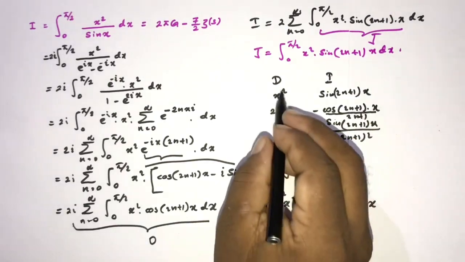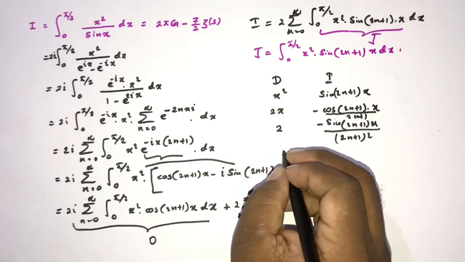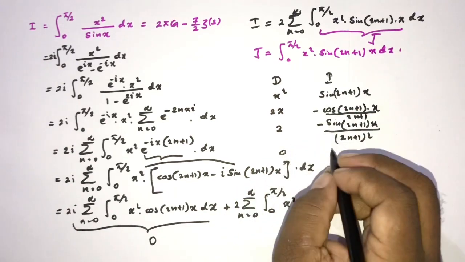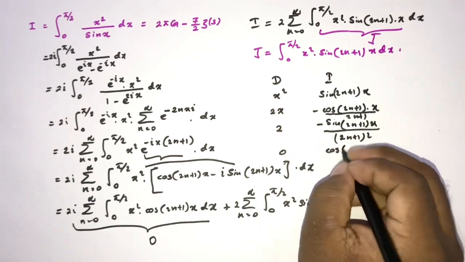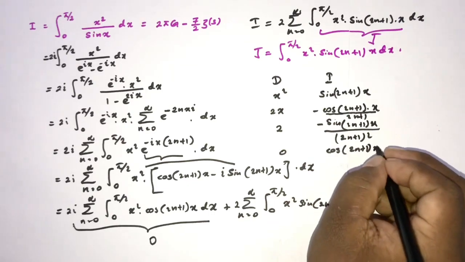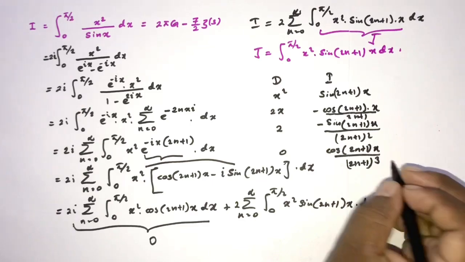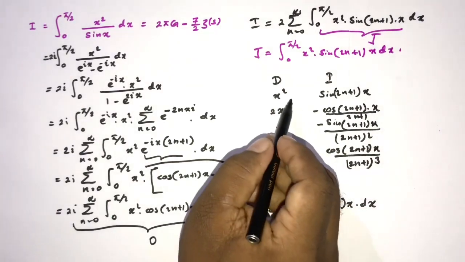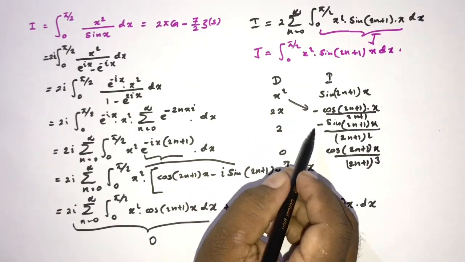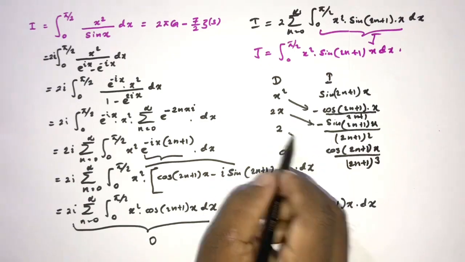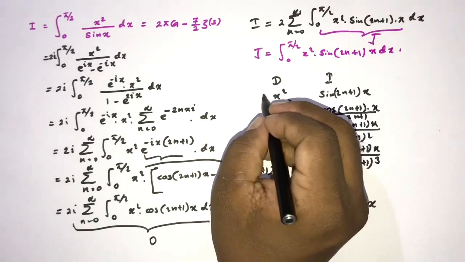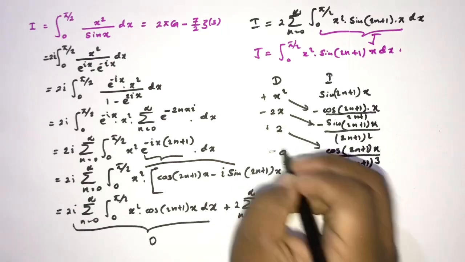Then if we differentiate 2, a constant, we get 0, and for the integration we get cosine of 2n plus 1 times x over 2n plus 1 cubed. Now we should multiply like this, with the signs plus, minus, plus, minus.